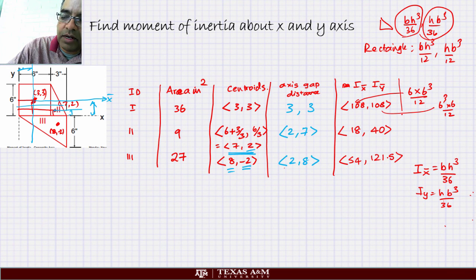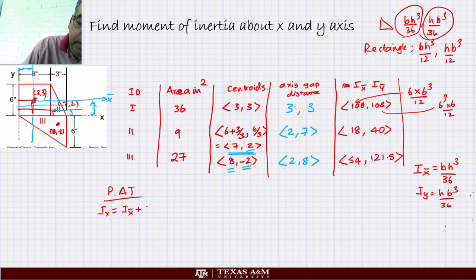Now that we got all of that, what's our last step? Now we do the parallel axis theorem. Ix equals Ix bar plus A delta x squared. Iy equals Iy bar plus A delta y squared. This is delta x, that's delta y, delta x, delta y, delta x, delta y.